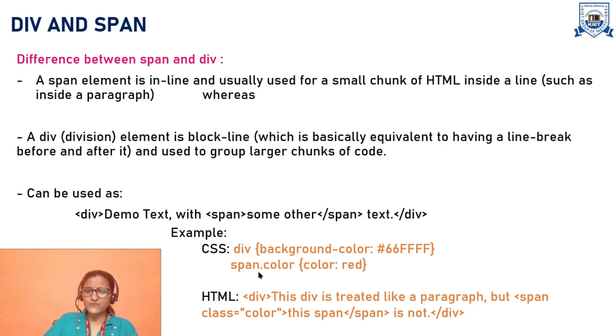Div will have the background color which we have defined here. And for the span, which we have used, span class equal to color, the content inside the span will have the color red. Okay, div will have the entire effect, but a different, small effect is given with the help of span inside that div.